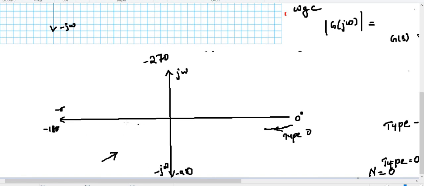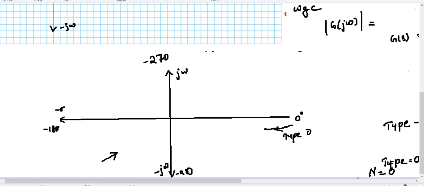The phase angle starts from 0 and moves to minus 180 when omega is infinity. So the plot lies between minus 90 and minus 180, and this quadrant corresponds to the maximum phase angle, that is minus 180.